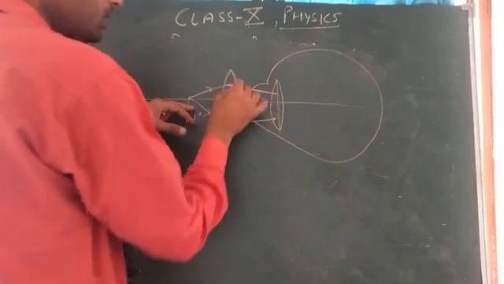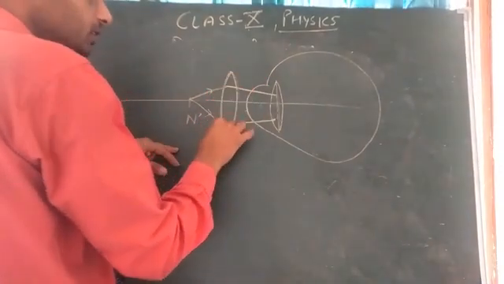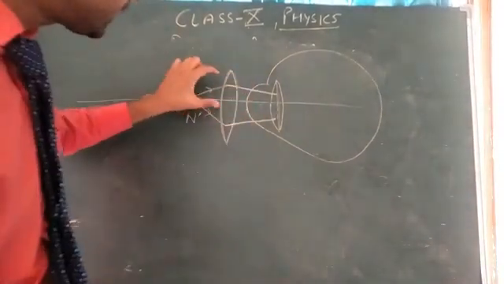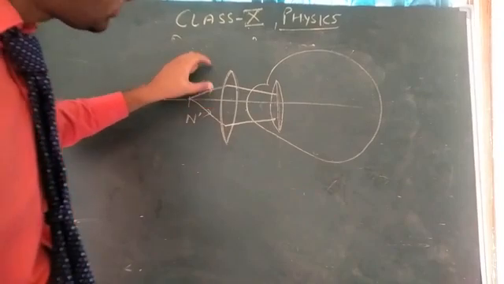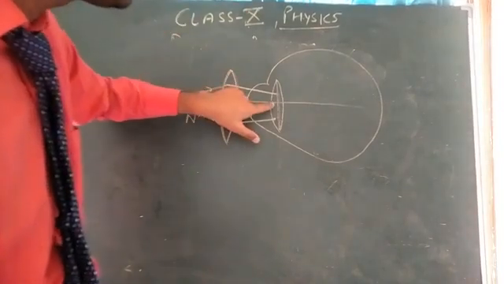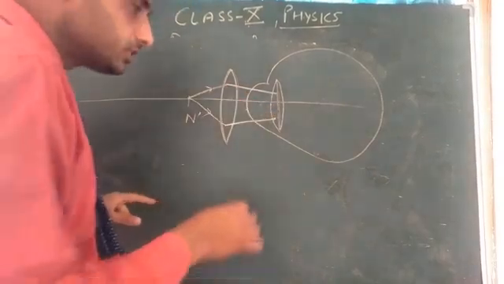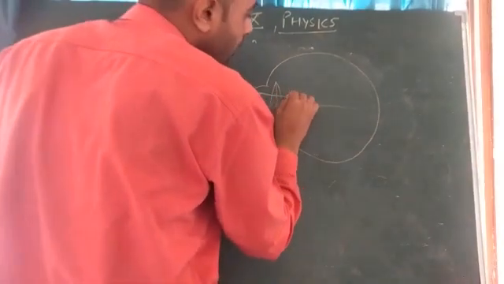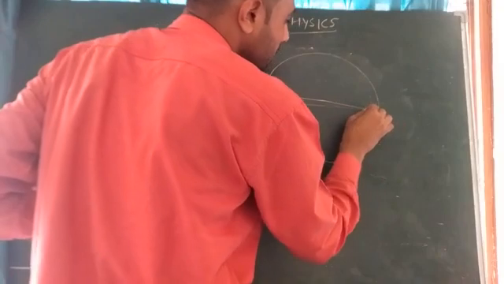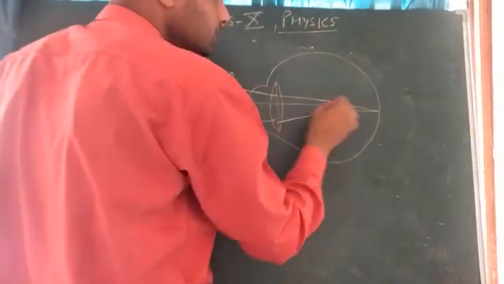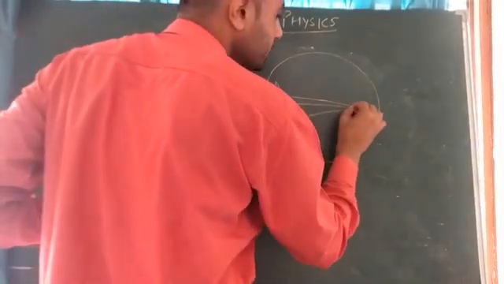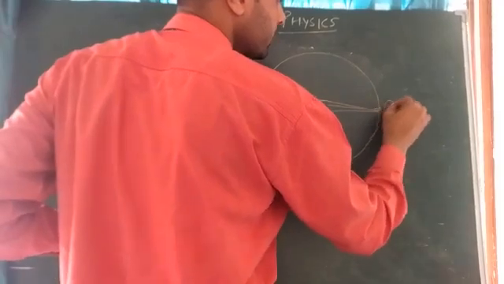But these rays of light converge by this external lens and again converge by this eye lens. It means all rays of light converge such that all the rays are incident on the retina.